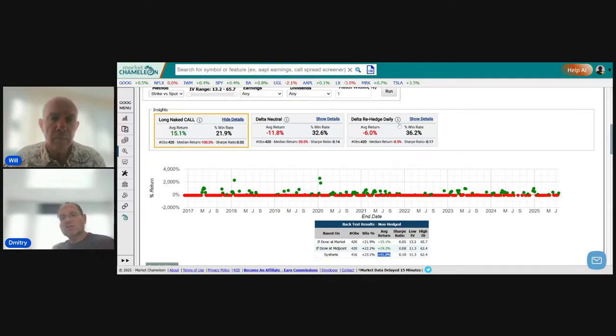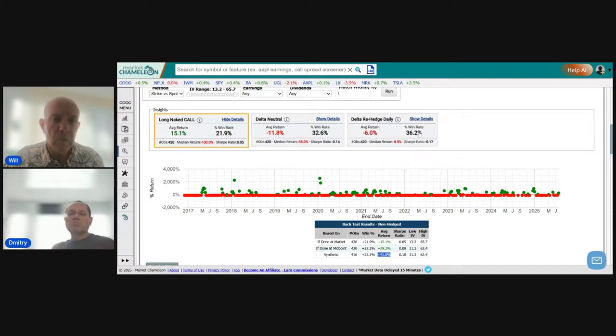This is what it's doing. It's saying, okay, at the end of the day, wherever the stock moves, I rehedged it. So at the end of each day, I'm delta neutral, and I'm trading the realized volatility versus the implied volatility.